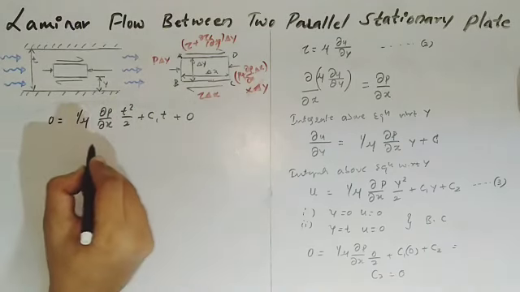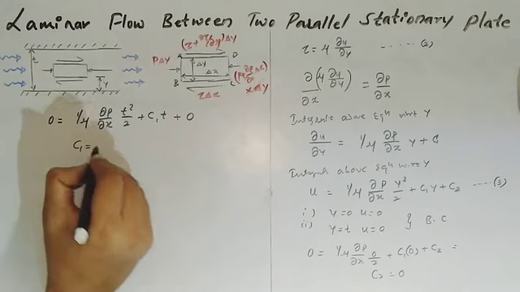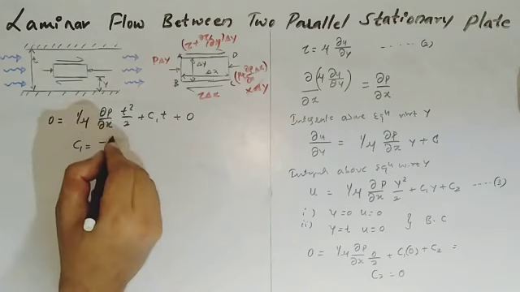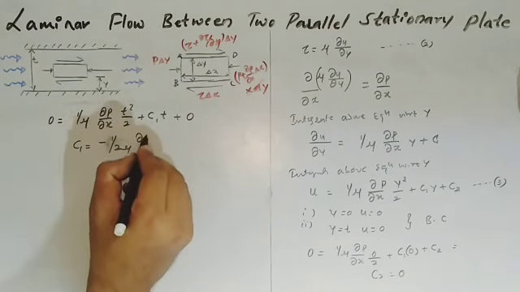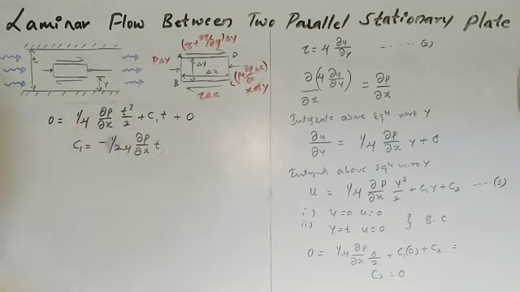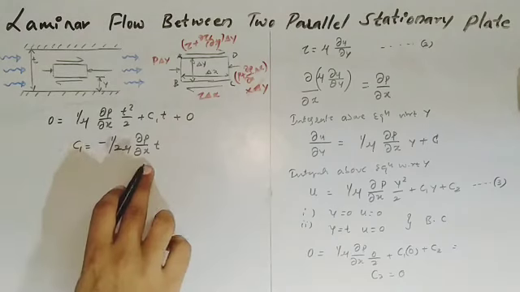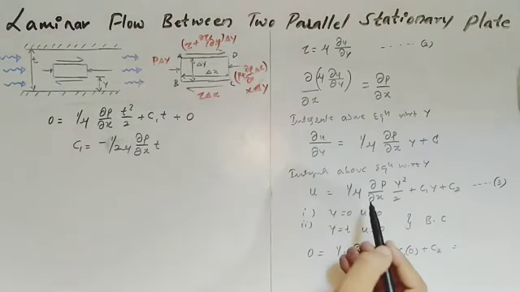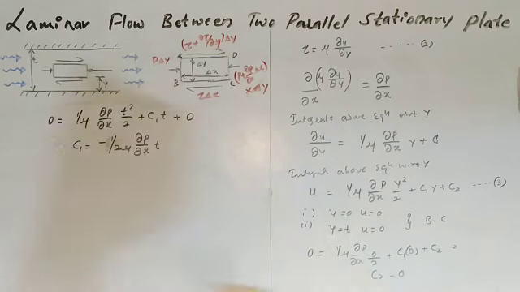Now if I simplify this, I will get c1 equal to minus 1/(2μ) ∂p/∂x into t. This is the integration constant c1 value. Now let us substitute this c2 as well as c1 in equation 3, that is, in the velocity equation.